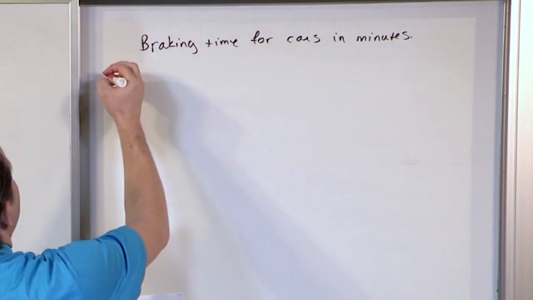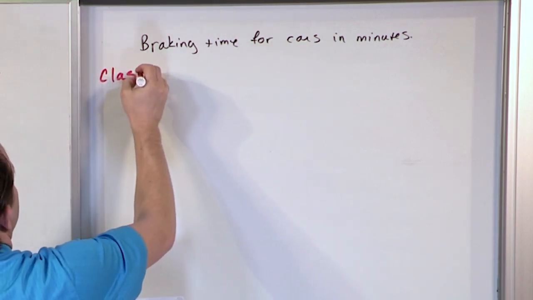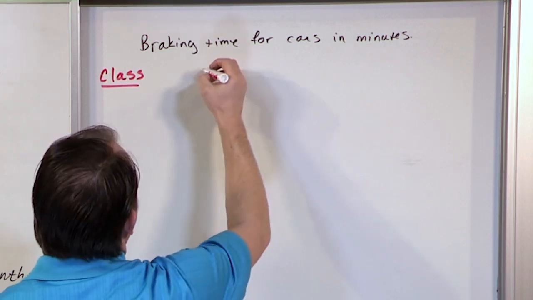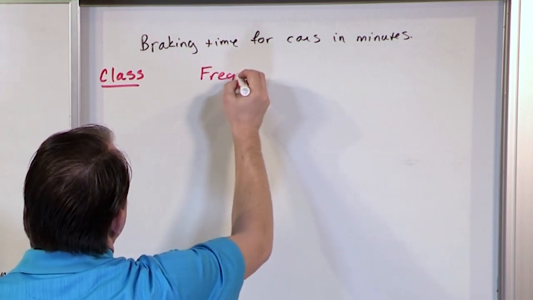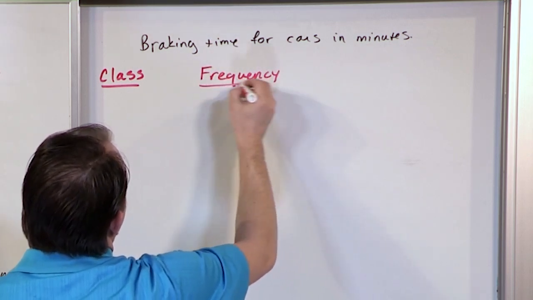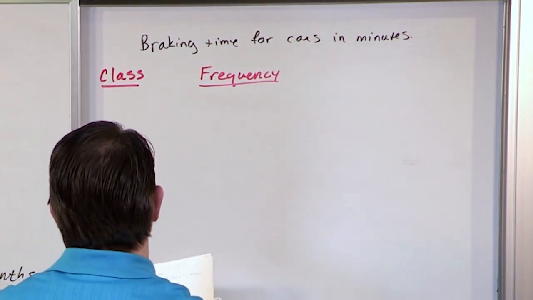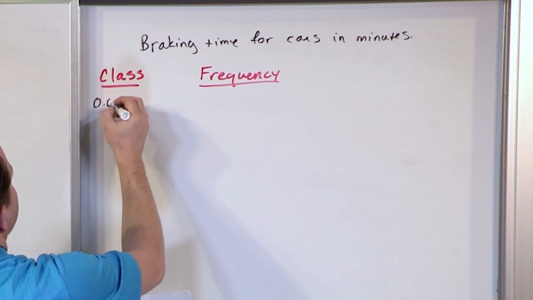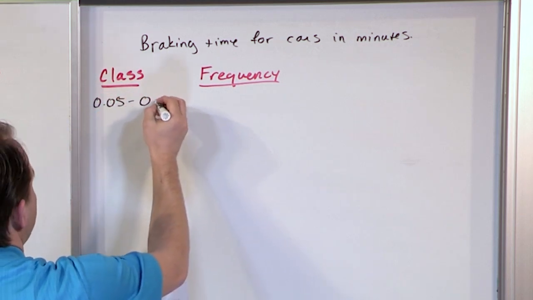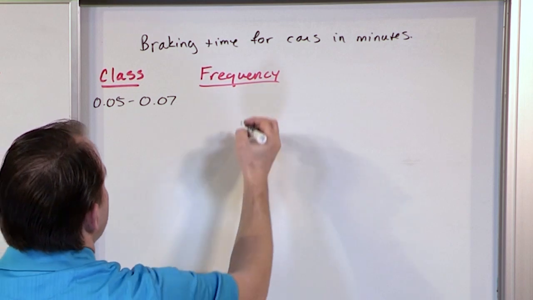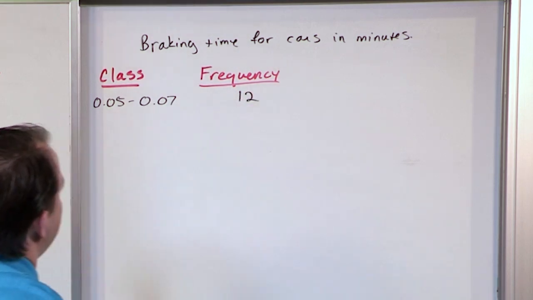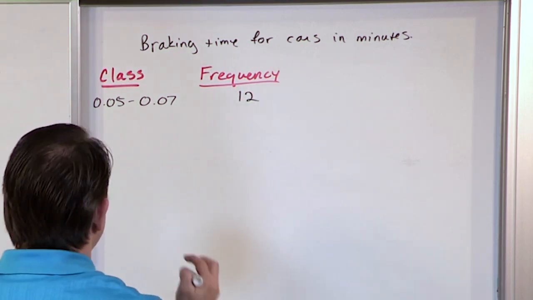So we would have a class, right? And we're going to have some frequency. Right? So let's go ahead and write this stuff down and see what we get. So for the class 0.05 minutes to 0.07 minutes, we get 12 cars that stop in that region.